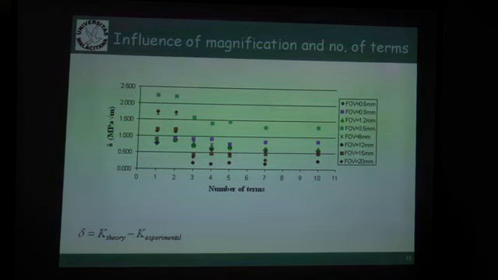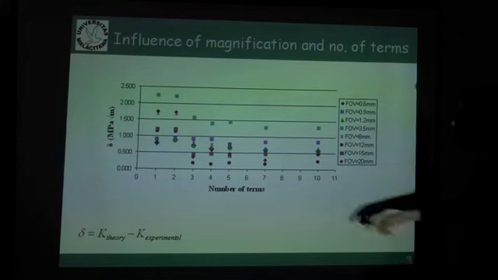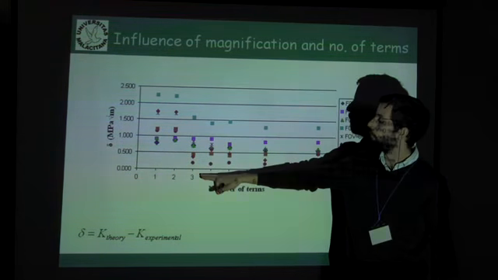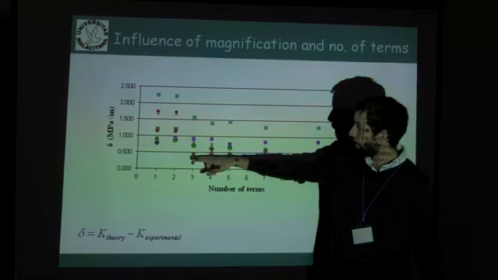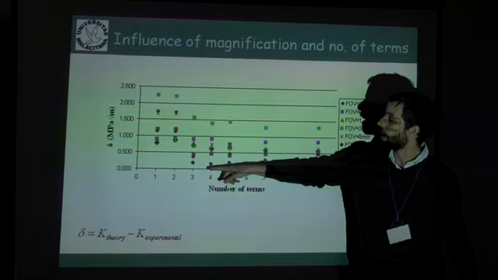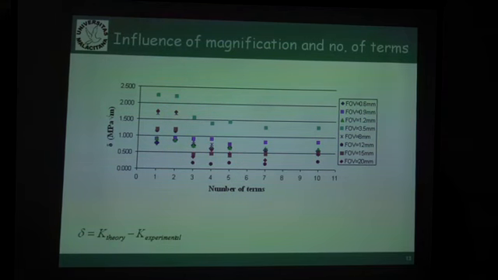As we increase the number of terms, of course we need to take into account a larger area, and we can see that phenomenon here. For example, if we use 3 terms, the best predictions are obtained with a 12 millimeter field of view. So not so close, so collecting images not so close.